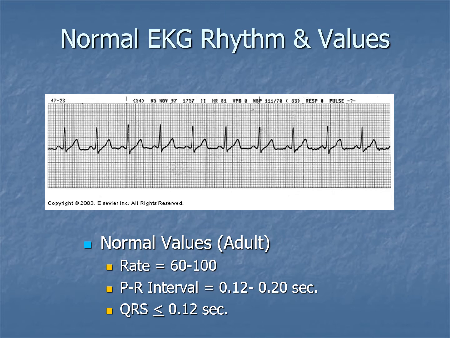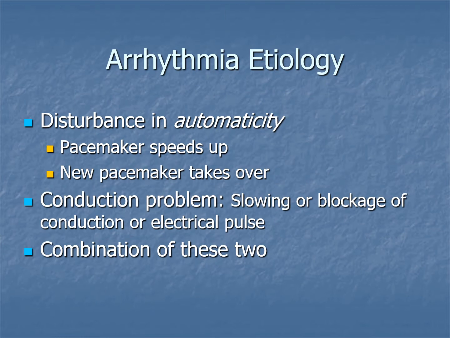And as I alluded to earlier on, a lot of the abnormalities you're going to see are going to be related to the rate, the intervals, how wide the QRS is, and things along those lines. So now let's take a look at abnormalities. The causes of these abnormalities fall into a few categories. The first is a disturbance in automaticity.